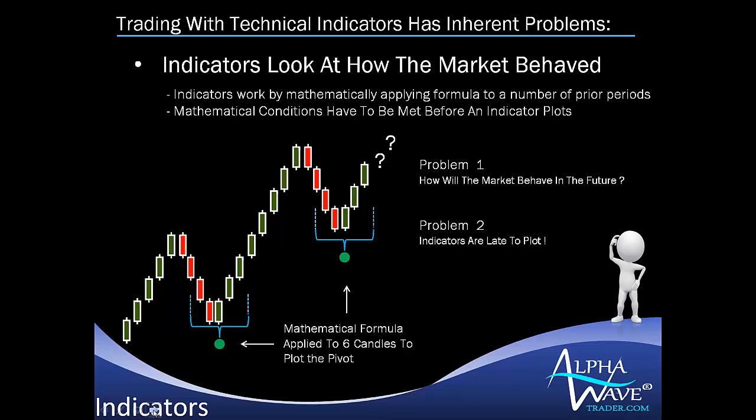Because every single indicator works by a mathematical formula applied to a certain sequence. And therefore, most indicators show the price move after the fact. So when you backtest, when you look at the charts in the historical structure, it looks marvelous. But when you come to live markets, it's an entirely different story.